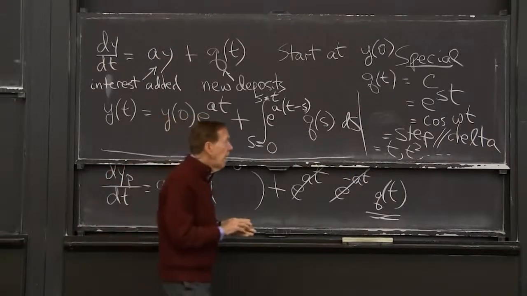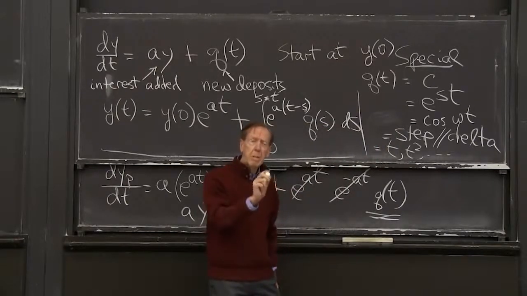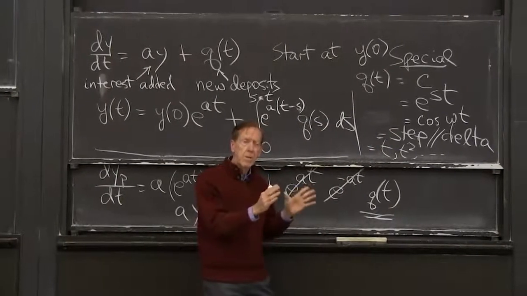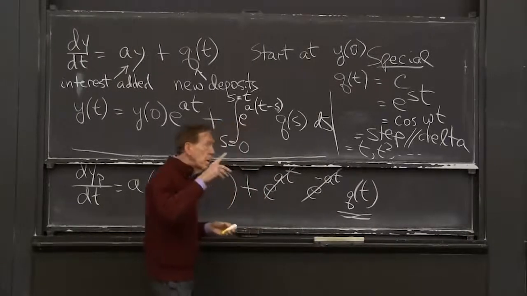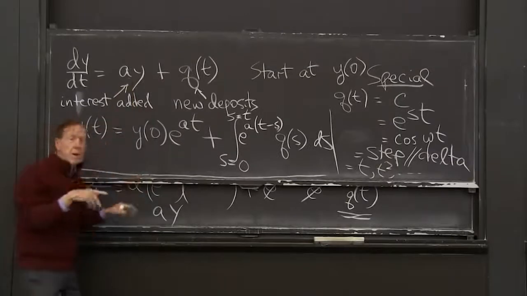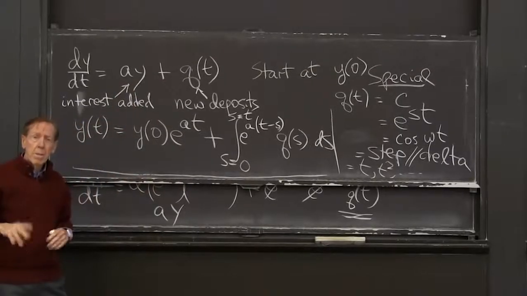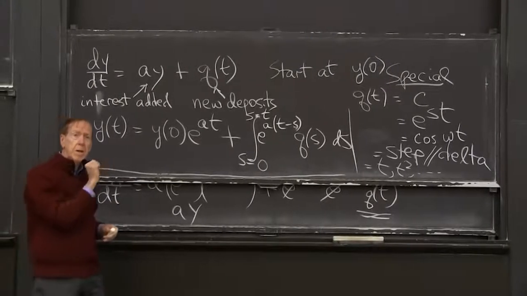So what's coming now are step and delta function. I just want to speak about those, and that takes a few minutes separately. And then another step will be to allow the interest rate to change. We made our problem simple because we've kept a constant interest rate.